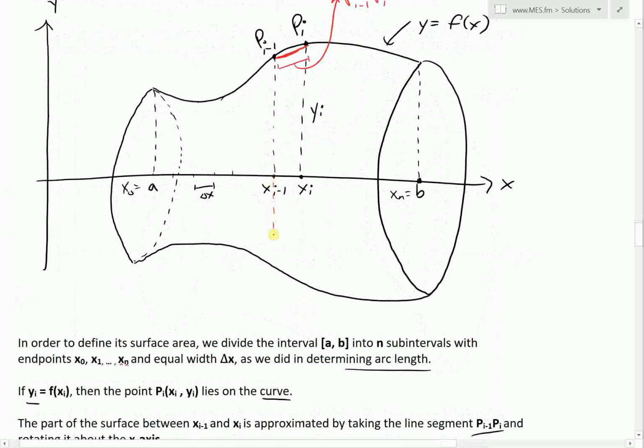Let me just zoom in. So let's just draw this exactly down here. Pretend it's perfectly symmetric. So we draw this line from there to there, and then we just pretend it's a straight line. It's just a bit hard to draw it.